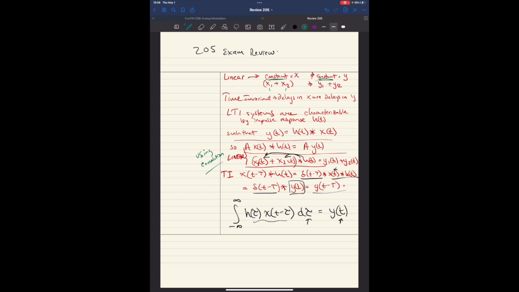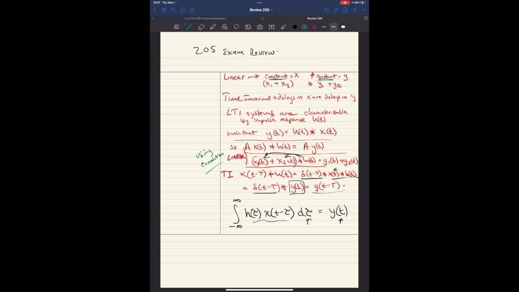So if the output for putting in x1 gives me y1 independently, then if I add that to another one before I push it through the system, the output should give me the sum of the two outputs that would have been independent. Okay. In a nutshell, just adding stuff together shouldn't really change fundamentally the way the output works.